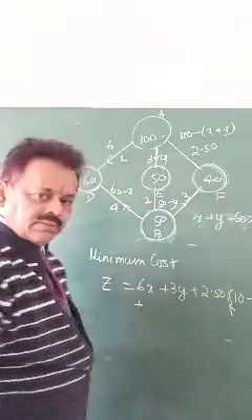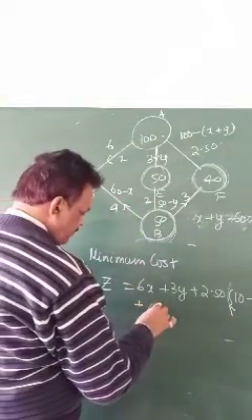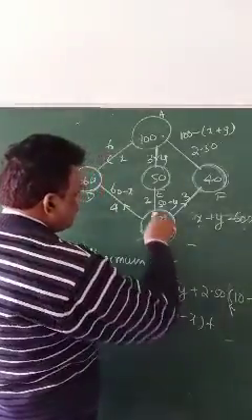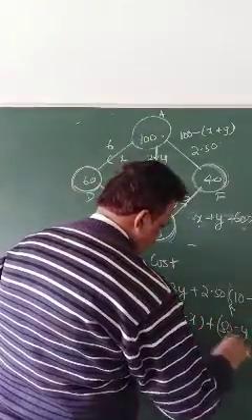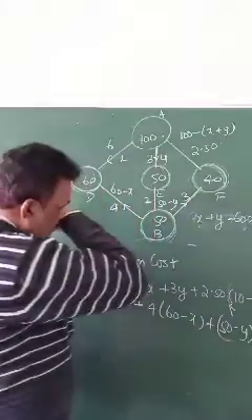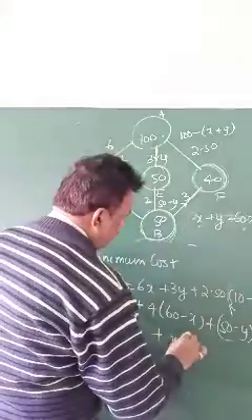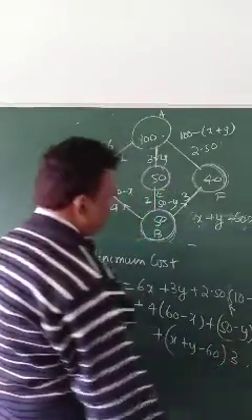Then plus 60 minus x into 4, plus 50 minus y into 2, plus x plus y minus 60 into 3.